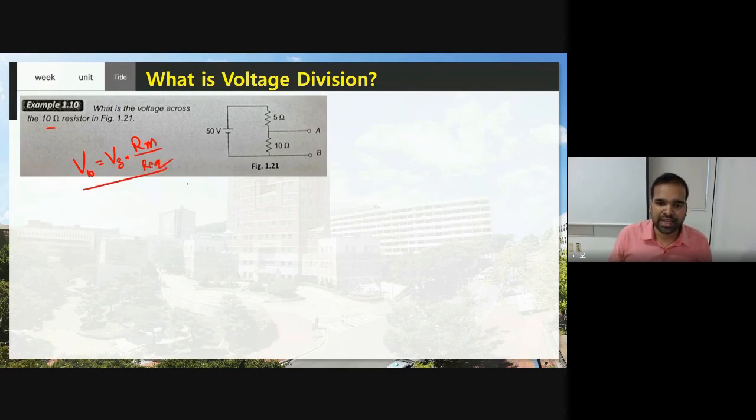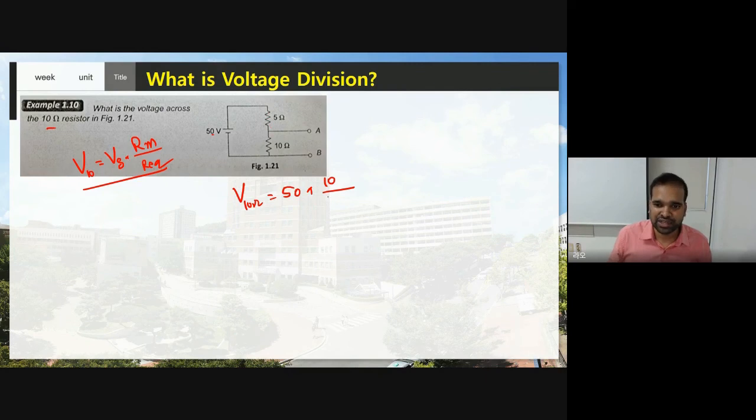Yes. Now here I am finding voltage drop at 10 ohm. This is my voltage drop at 10 ohm equal to, what is the total voltage? 50 into, now where I am finding voltage drop, this is my 10 by R equivalent, total resistance of this circuit. So 10 plus 5, because these two are connected in what?